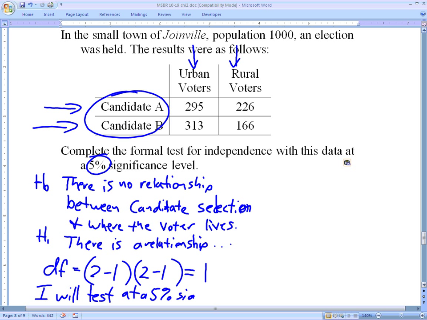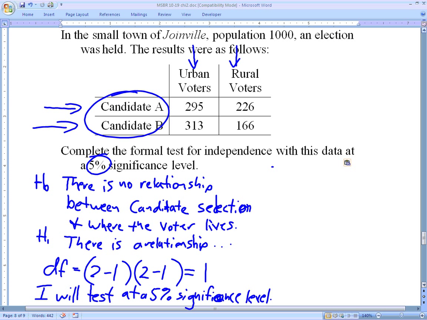All right, so those are the first 3 steps done.